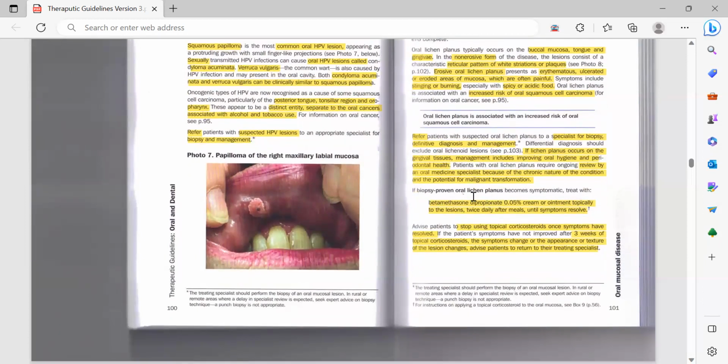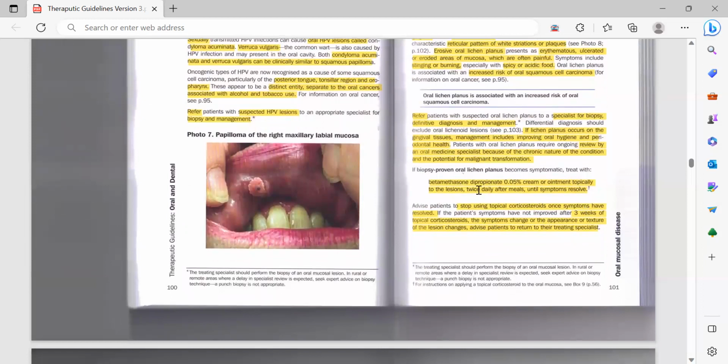If biopsy proven oral lichen planus becomes symptomatic, treat with betamethasone dipropionate 0.05% cream or ointment topically to the lesion twice daily after meals until symptoms resolve. Okay, so this is a corticosteroid cream that you give to your patient when their oral lichen planus becomes symptomatic.